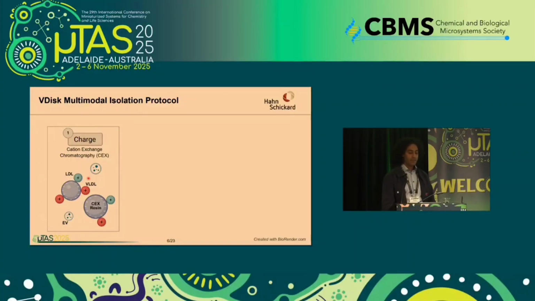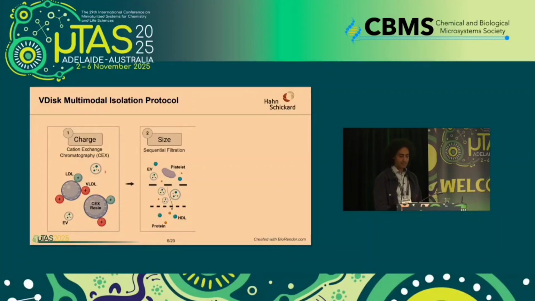So in the first step, we have a cation exchange chromatography step. We have these cation exchange resins, which we mix with a plasma sample. What happens in this step is that we remove the positively charged particles, mainly VLDLs and LDLs. Then we add the mixture of this resin and plasma sample into the second step.